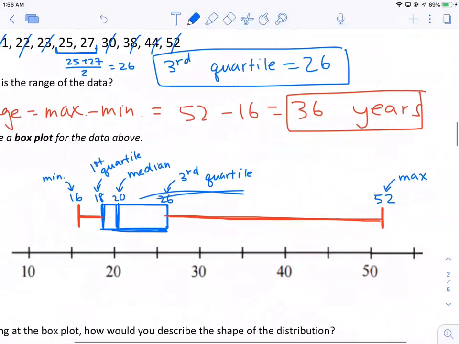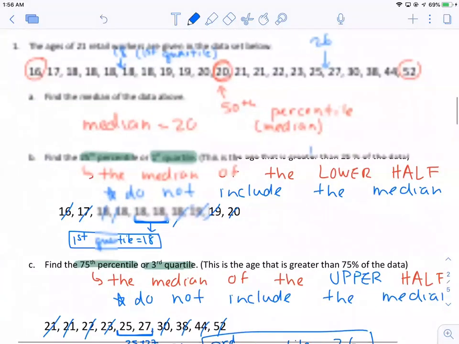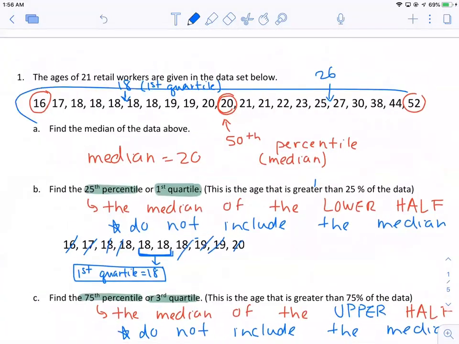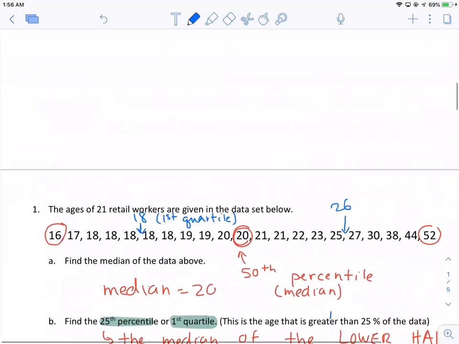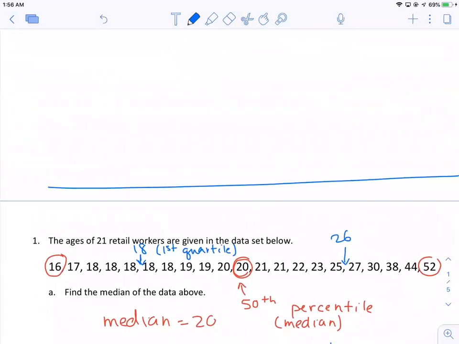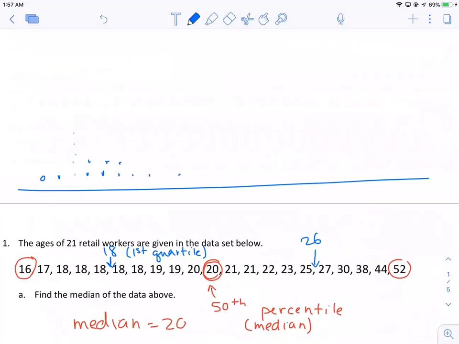If you actually plotted all of these points and made a dot plot, let me do that really quick. We're going to have 16, 17, and then a whole bunch of 18s, a couple of 19s, a couple of 20s, a couple of 21s, a 22, a 23, a 25, 27, right? And it gets really spread out over there.